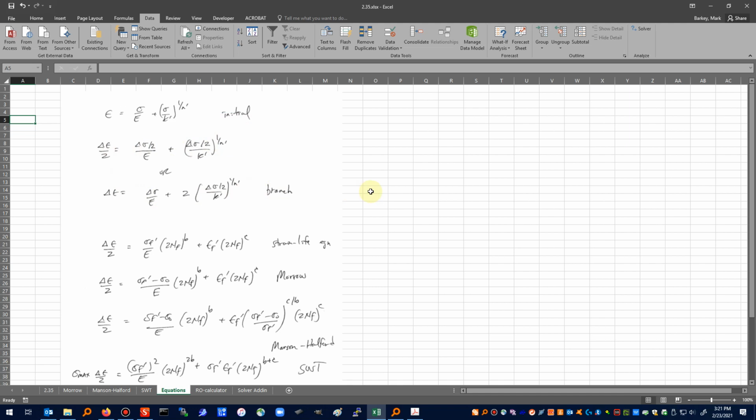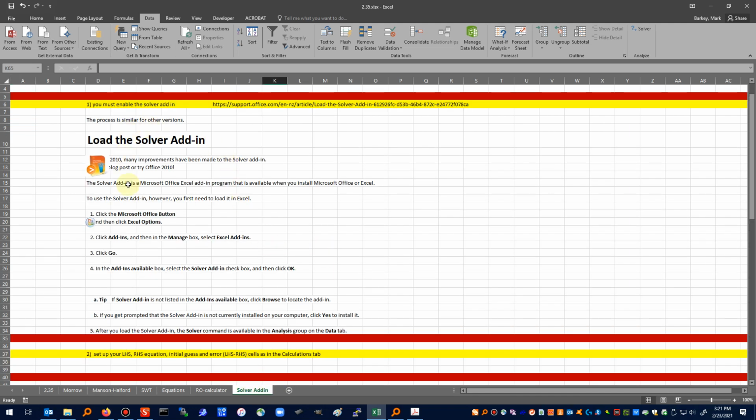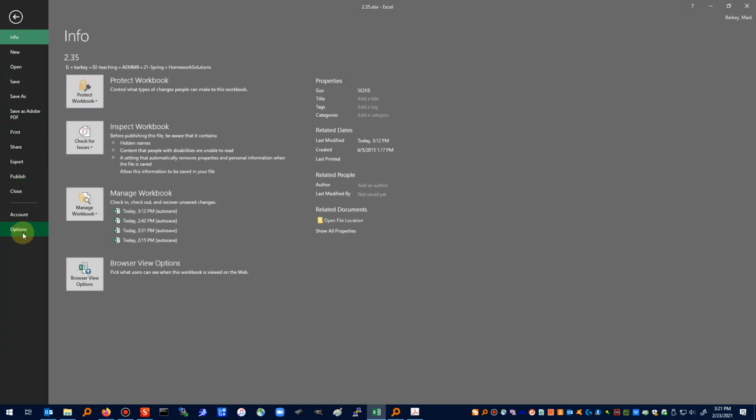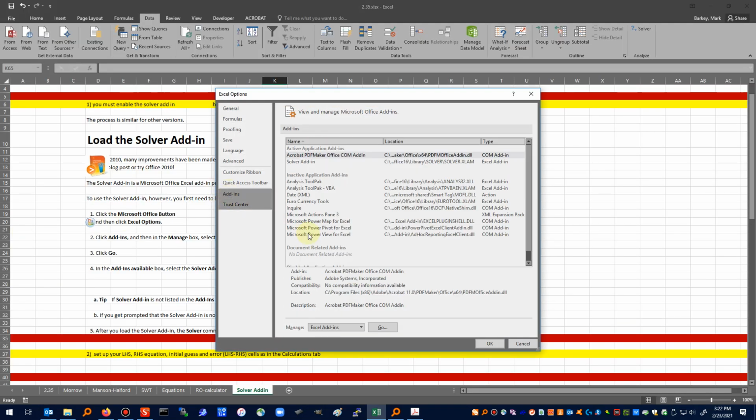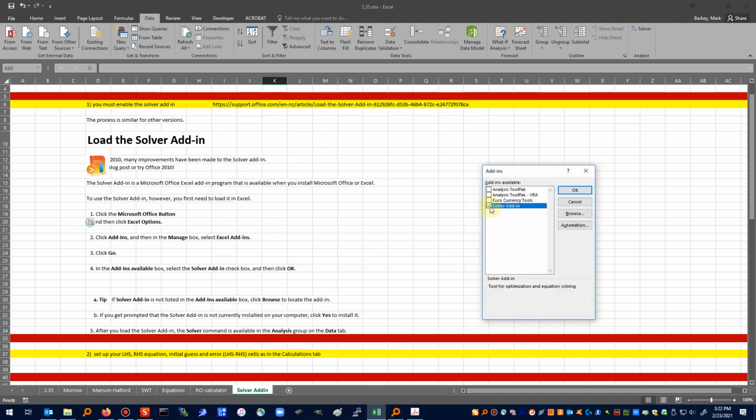And I'm going to show you another technique with Excel. We're going to use Newton-Raphson for some of this, but we're also going to use something called a solver. In order to activate a solver in Excel, we have to go through a little process. I always forget, so I also put the instructions into this spreadsheet. Basically, you go to File, Options, Add-ins, Excel Add-ins, Go, and make sure this box is checked where it says Solver Add-in.